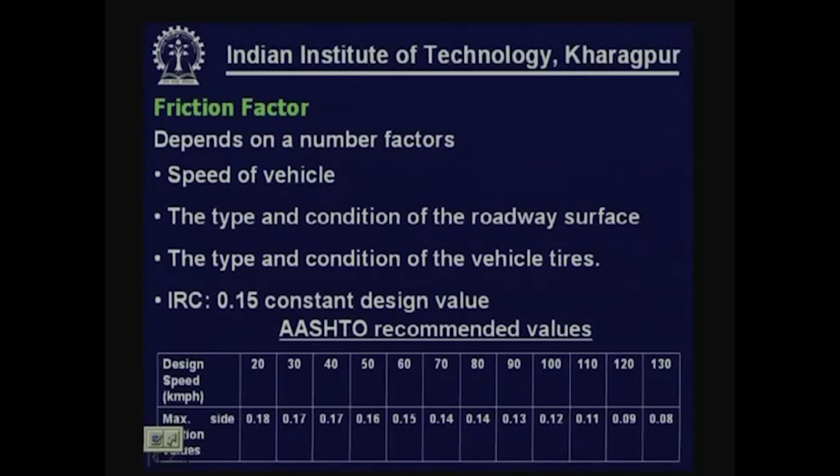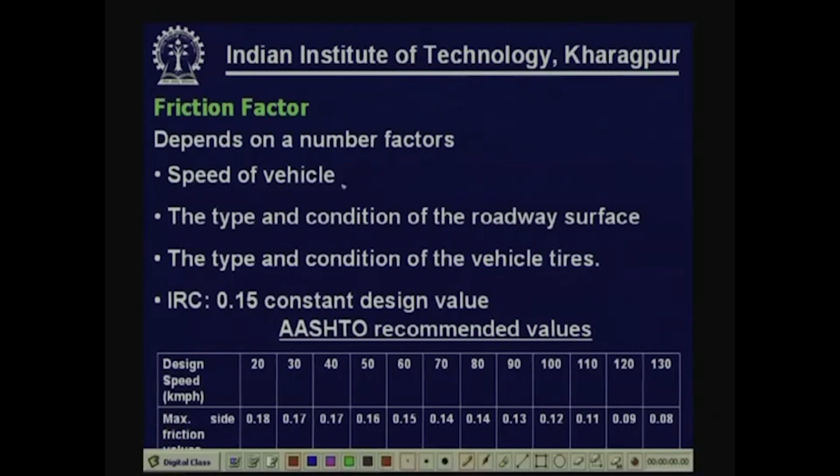Actually, this friction factor depends on a number of factors, for example, speed of vehicle, type and condition of the roadway surface, type and condition of the vehicle tires, etc. However, for design purpose, IRC recommends a value of 0.15. So, this is the value 0.15 we should use for design purpose.